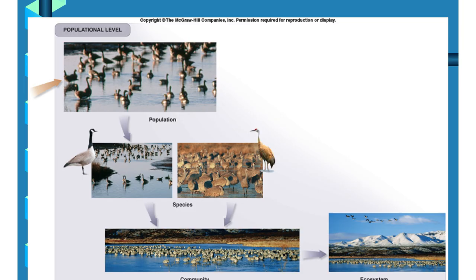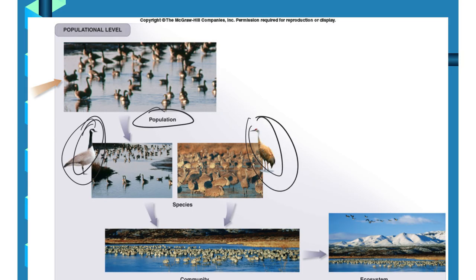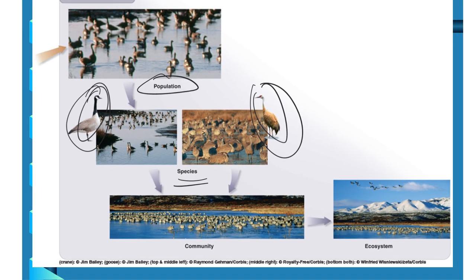Then all the organisms of the same type living in an area are in a population, and populations of different species, like these two kinds of birds, the population of this bird and the population of this bird, the population of all the different species living in an area is called a community.